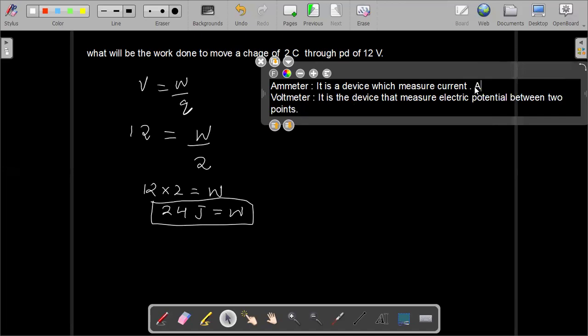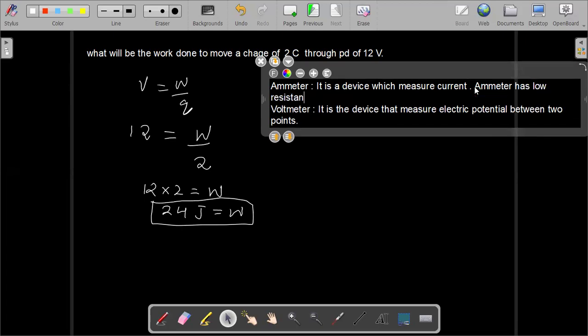Also, an ammeter has low resistance. An ideal ammeter has zero resistance, whereas a voltmeter has infinite resistance, or high resistance.